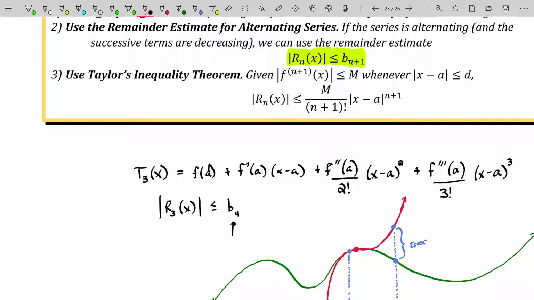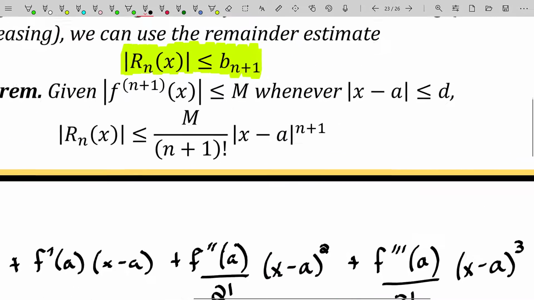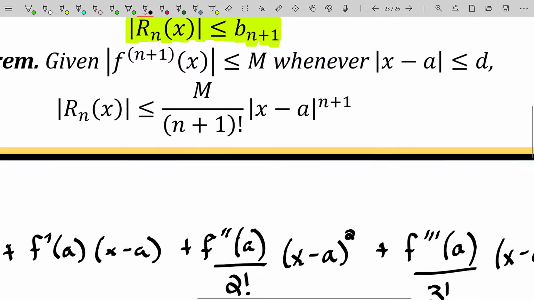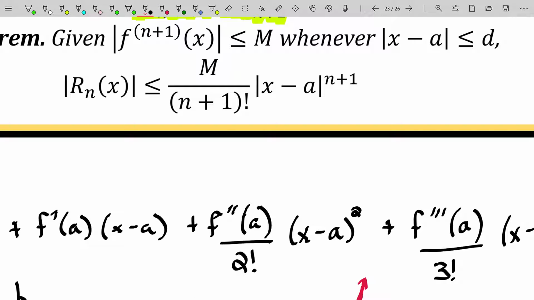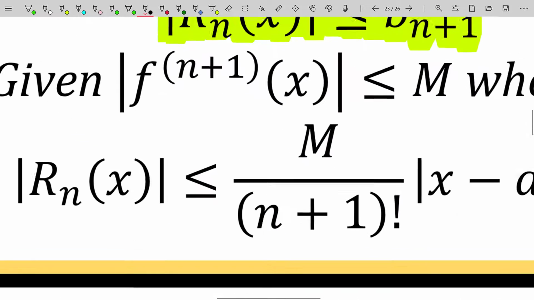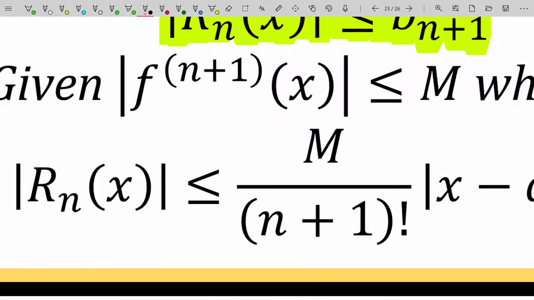But here it is. If you do not have an alternating series for your power series expansion, then you take your function and you take its n plus first derivative.